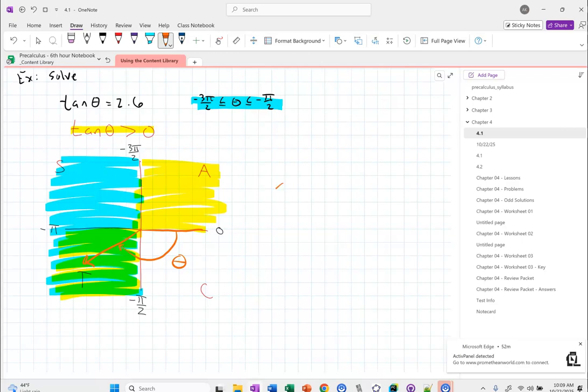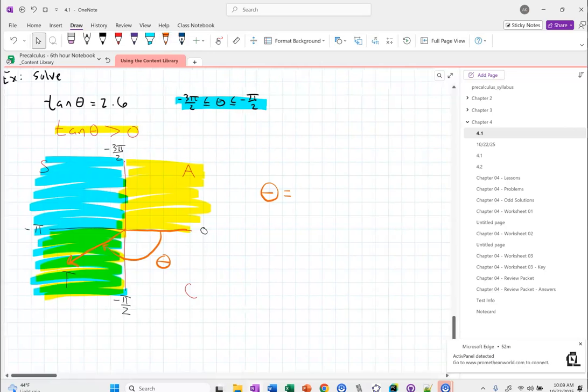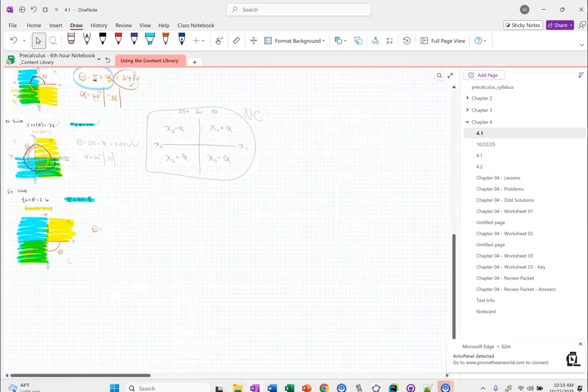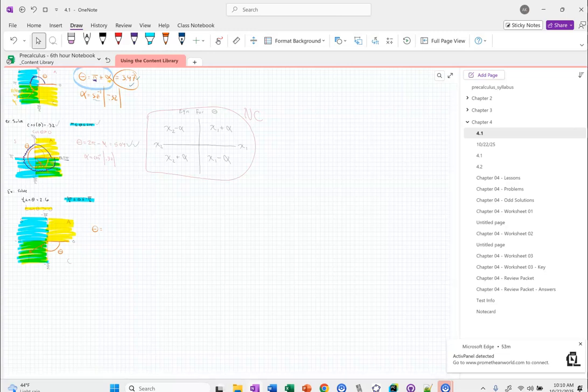So I'm going to write my equation for theta. Using what I just made, I live in the third quadrant, right? So it should be x2 plus theta.